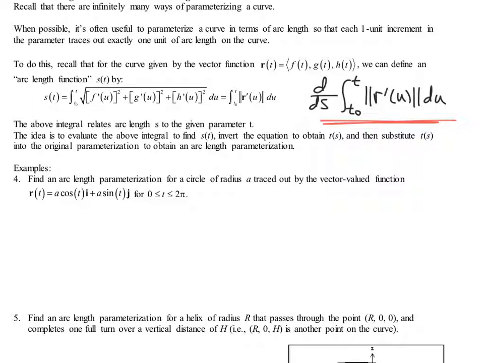The idea is to evaluate the above integral to find s of t and invert the equation to obtain t of s, and then substitute t of s into the original parameterization to obtain the arc length parameterization. Okay, so it's like words. So let's play this out and see what it looks like in action.